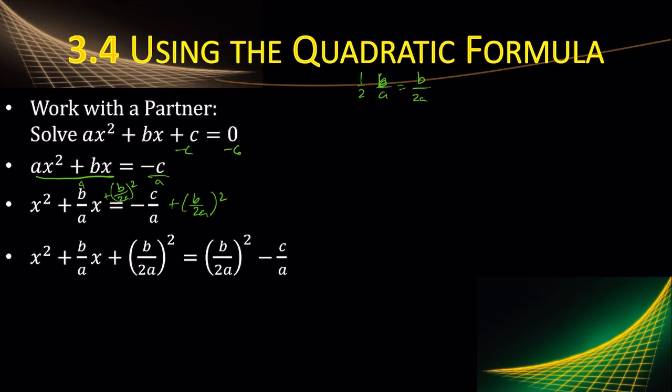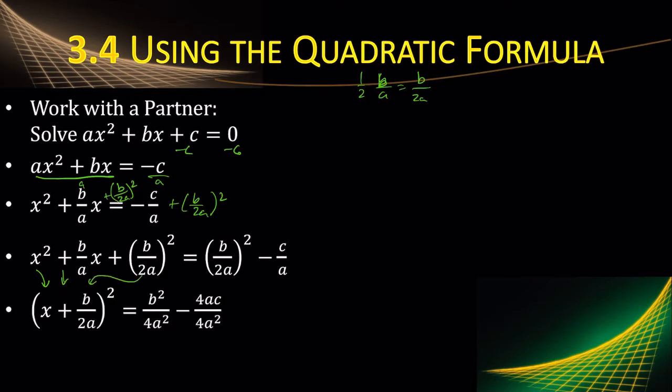All right, then we're going to rewrite. It says a perfect square. We'll take the x, the plus, and that number squared. And on the right side, we have b squared, 2 squared, and a squared. So b squared over 4a squared.